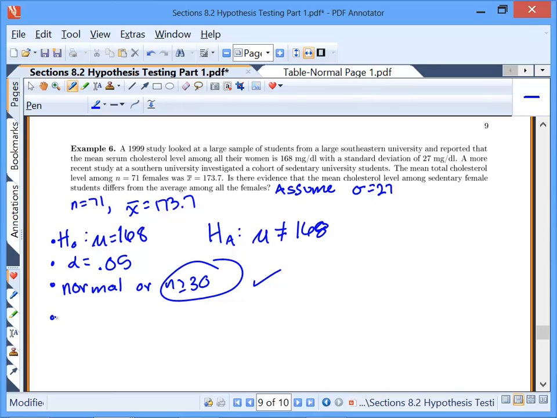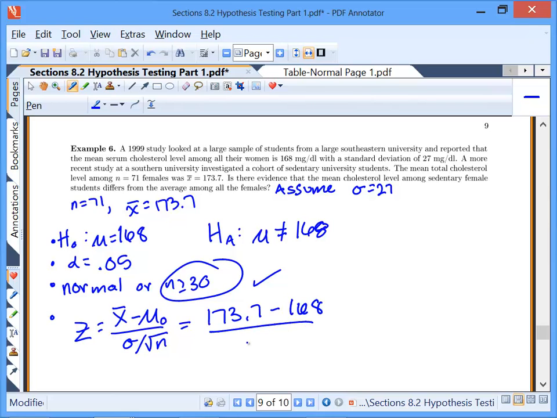What comes next? Yes, standardized to find our test statistic. That formula is x bar minus mu over sigma over the square root of n. Mu with the little o on it to remind myself that it's the value of the mean in my null hypothesis. So x bar is 173.7 minus my hypothesized mean of 168, over my population standard deviation, which I'm assuming is 27.